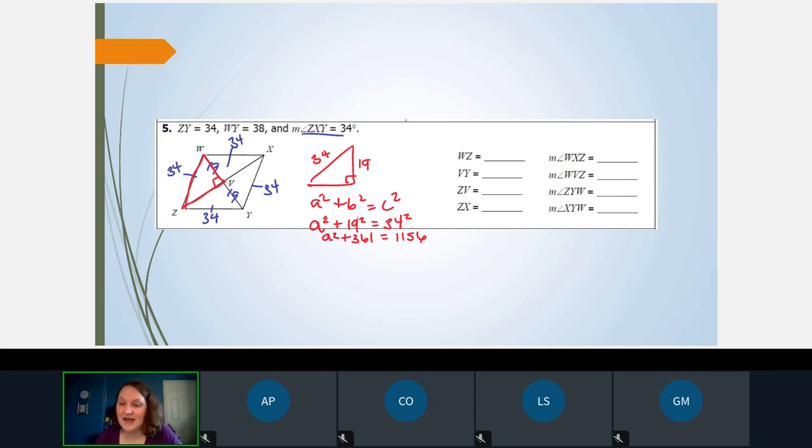I'm solving for A, so I'm going to subtract 361 from both sides. I get A squared equals 795. And to undo a square, we square root. Here we go. That's about 28.2.